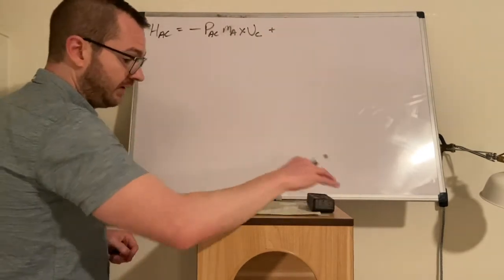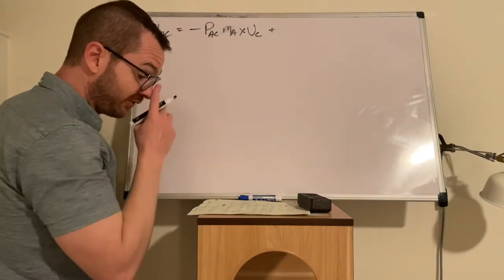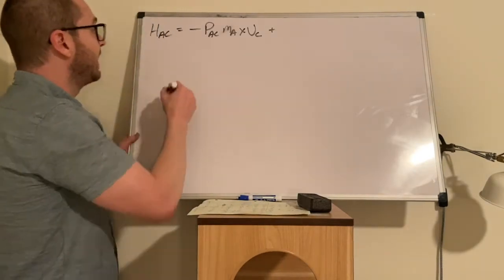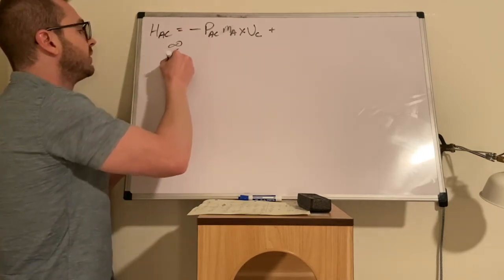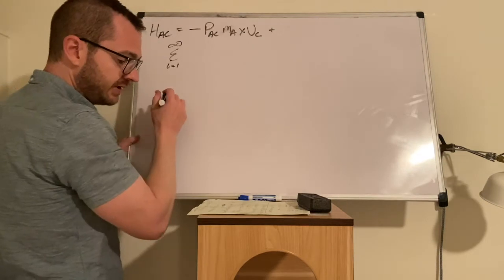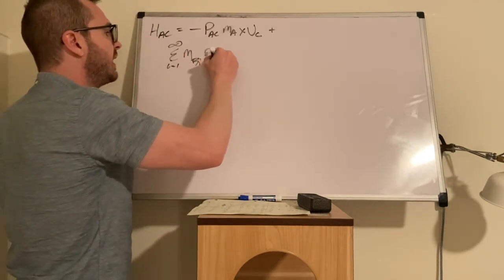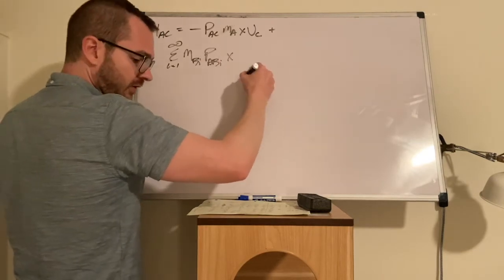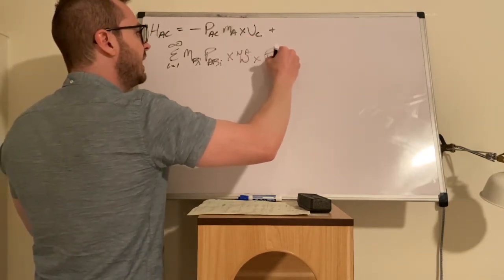All right, and I am definitely going to read these off of my notes. So there's 4 of them, and here they are. Here's the first one: infinite summation of MBI, PABI, cross omega NA, cross PABI.